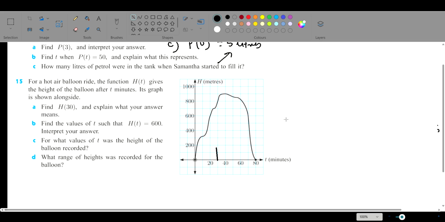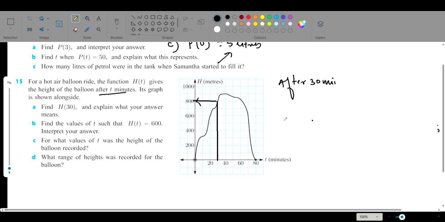Yeah, so here it is. If I combine this with the graph, I'm getting that much. That's right. So the interpretation is after 30 minutes, the height of the air balloon is 800 meters.